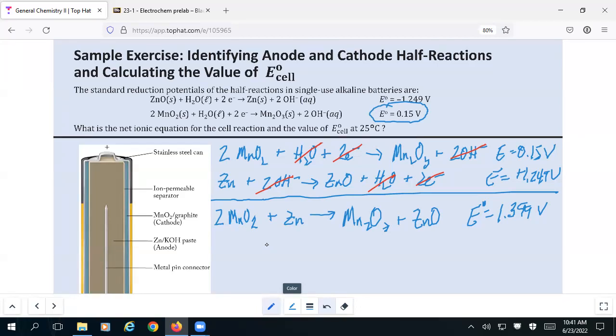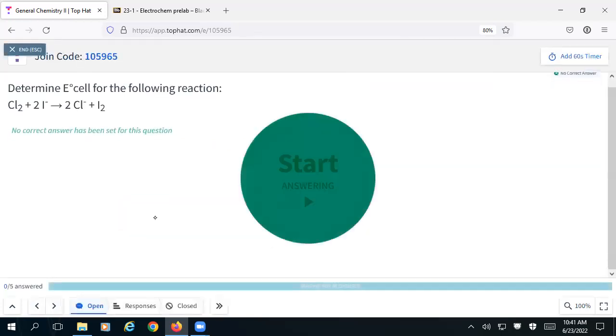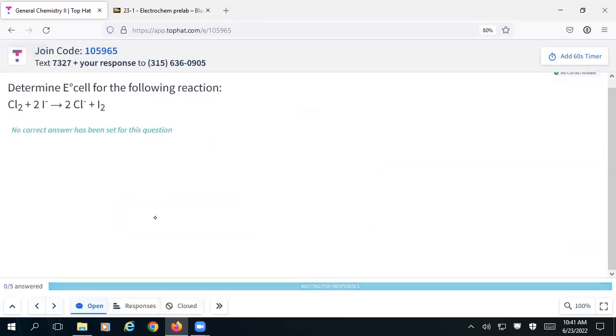All right, any questions with this? All right, so we're going to close today by having you do a couple of examples yourself here. So let's start with this one. What is the value of E cell for the reaction between chlorine and iodide to make chloride ions and elemental iodine?